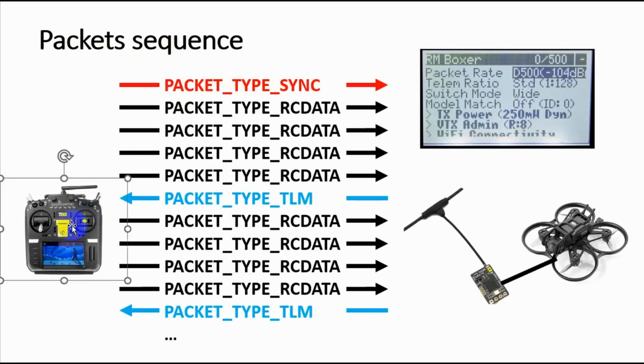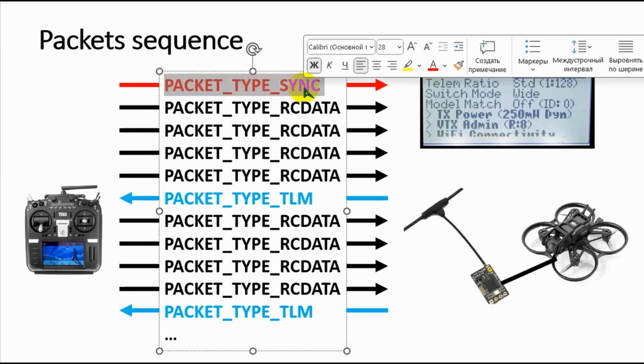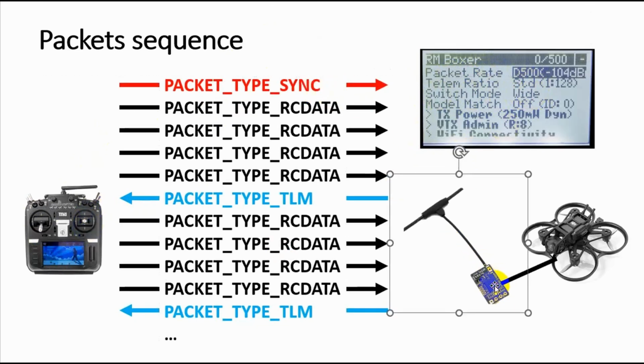Imagine that you just turn everything on, and as I told before, the first thing that we send is a sync packet. It does not carry all the values of the sticks, but it carries the parameters: the packet rate and the mode, wide or hybrid or any other mode. So it tells the receiver in which configuration we will work.